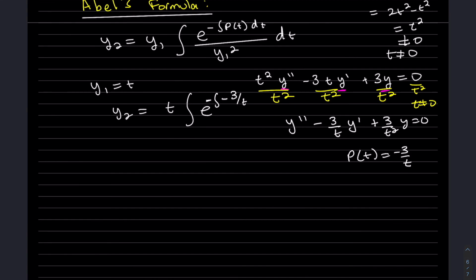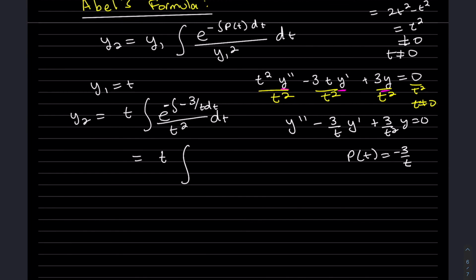The minus out there already. All divided by t squared dt. Remember, you have to do the power rule, so that's t to the third.